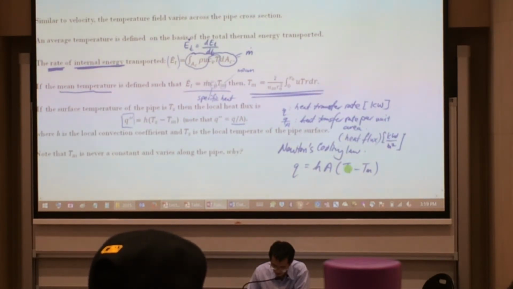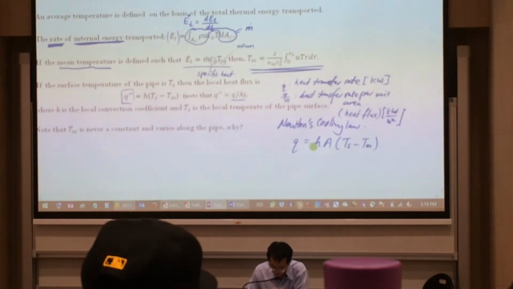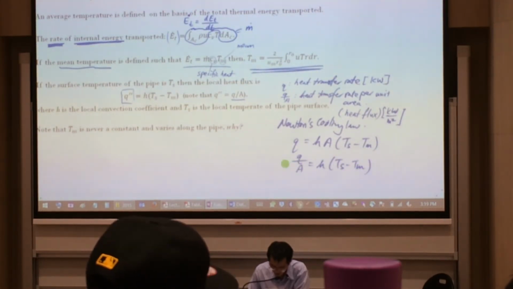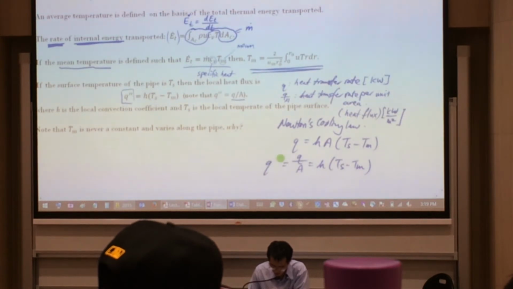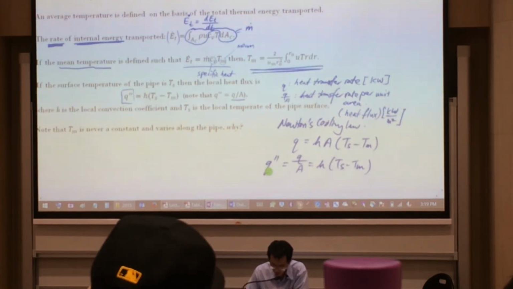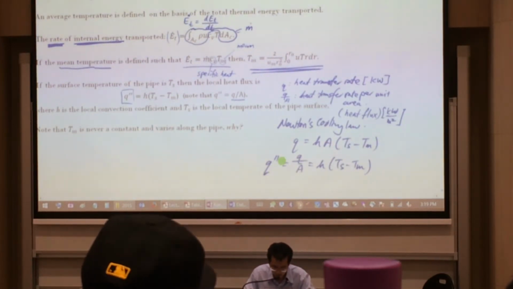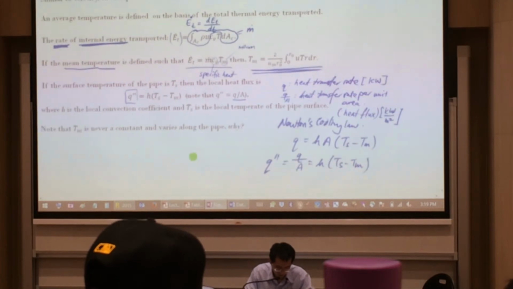So this surface temperature is going to be larger than your Tm. And if I were to bring this A over, Q over A, you get h(Ts minus Tm). And this Q over A, we sometimes would use this q double prime to represent that. Right, so these are all various symbols that you could see that's being used.